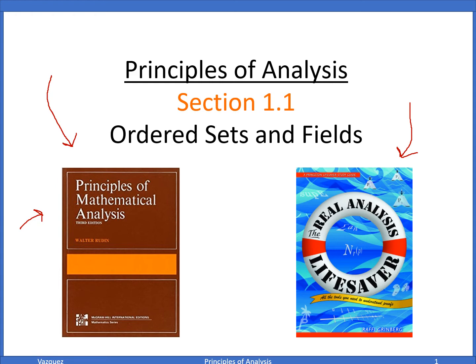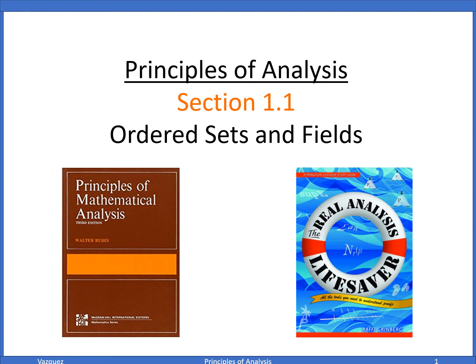I don't want to say it dumbs things down, but it gives a lot more examples and puts things in simpler terms than this other book by Walter Rudin, which, if it's your first time learning analysis, may be a bit hard. He is a bit clever in his writing, but it's a great book, which is why I will be going off of that book. With that said, the first section is ordered sets and fields.